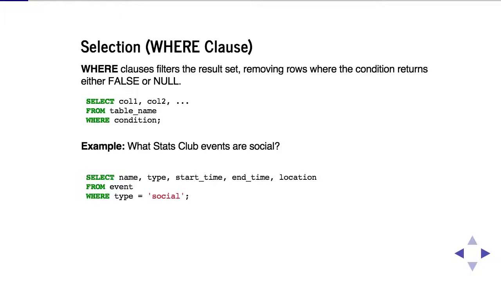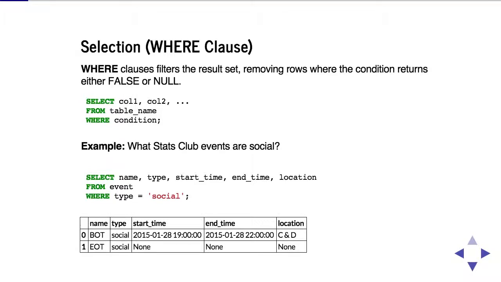Like, which Stats Club events are social? If we select the name, type, and start time, whatever we want, from the table event, where type equals social, it comes up with our BOT and our end of term, which are both social events. And it gives you all that extra information.